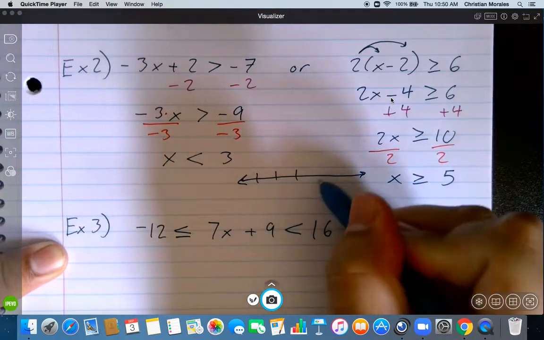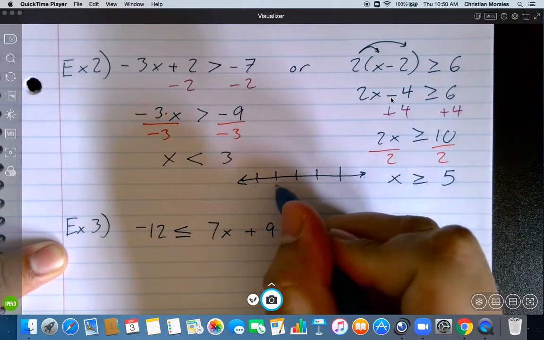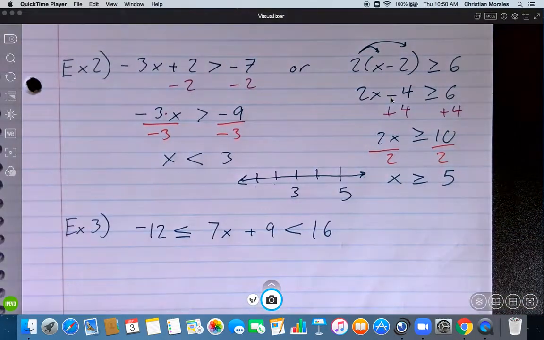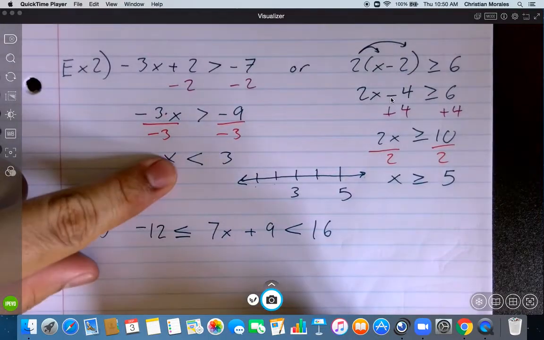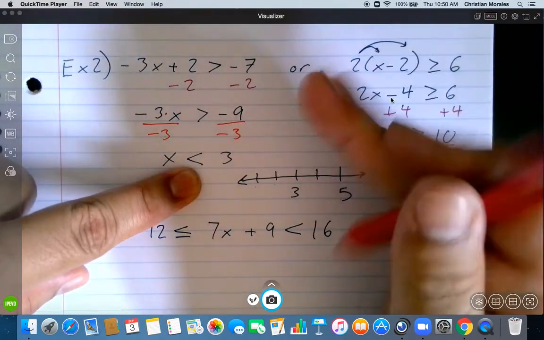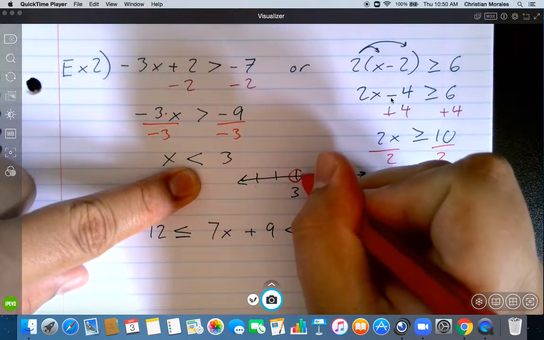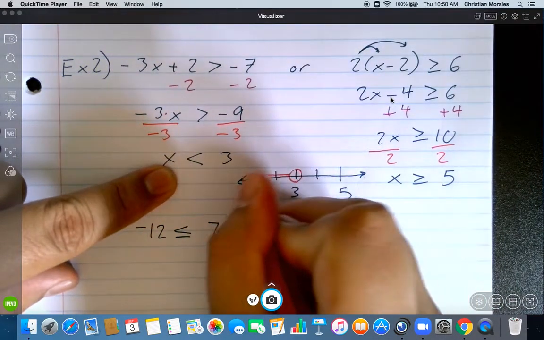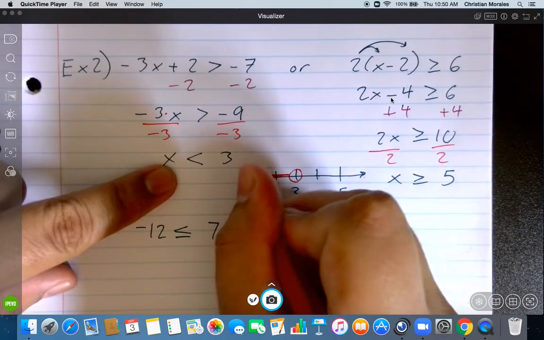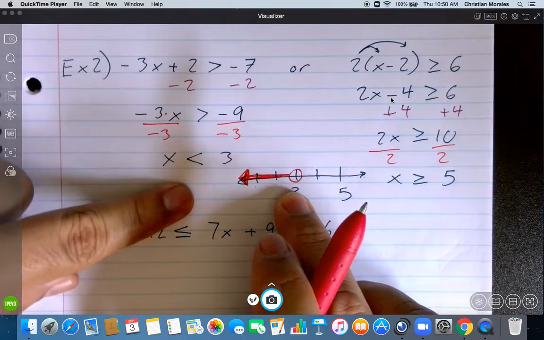1, 2, 3, 4, 5. 1, 2, 3, 4, 5. Okay, two circles. First one, x is less than 3. So I have an arrow starting here going to the left because it's less than. And it's an open circle because there's no line underneath it.